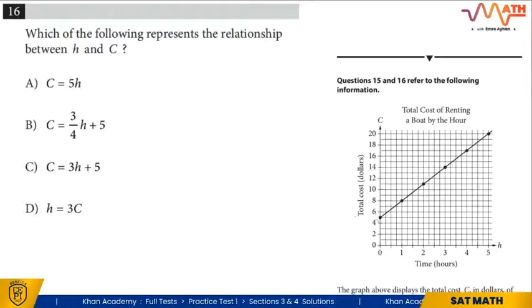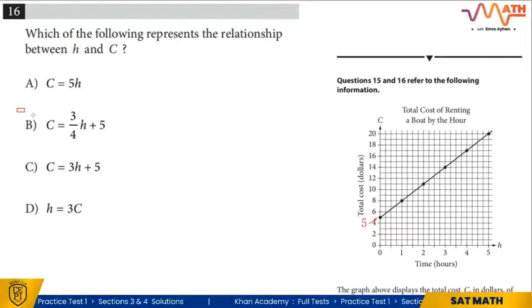First of all, this is 5 here, right? This is 5. This beginning point is 5 here. So there must be a plus 5 in the formula.